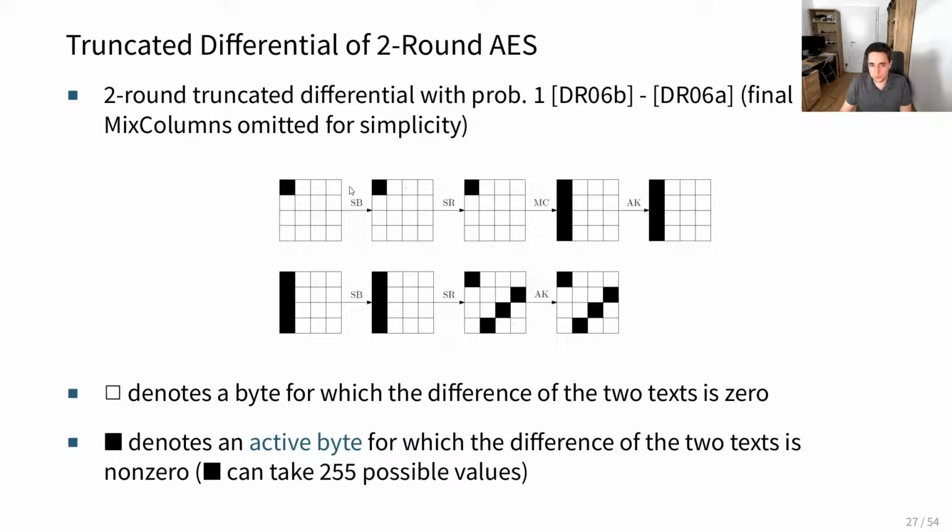We don't know it, but we know that there is some difference. And we also know that the shift rows doesn't change where the difference is, because it basically does nothing for the first row. And we know that the mix columns now spreads this difference into the first column. Again, we don't know the precise differences, but we know that there is some difference, and there isn't any difference in the other bytes, in the white bytes here. So the difference here is 0.